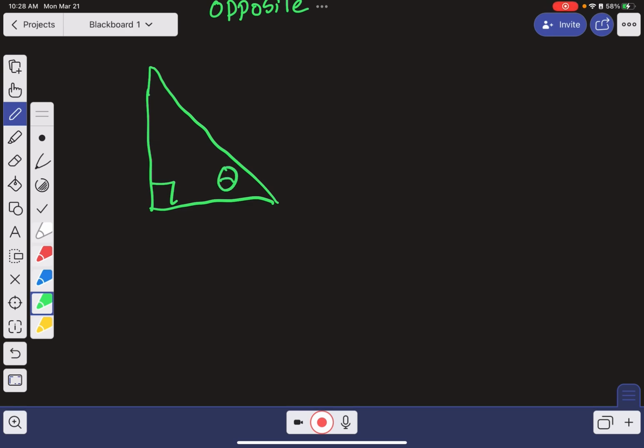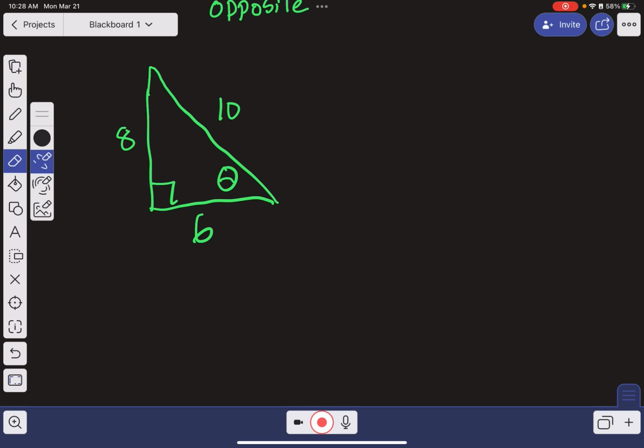This is my theta. And I'll say that the lengths are 6, 8, and 10. The first thing we're going to do is identify the three sides as opposite, adjacent, and hypotenuse, and label them with O, H, and A.